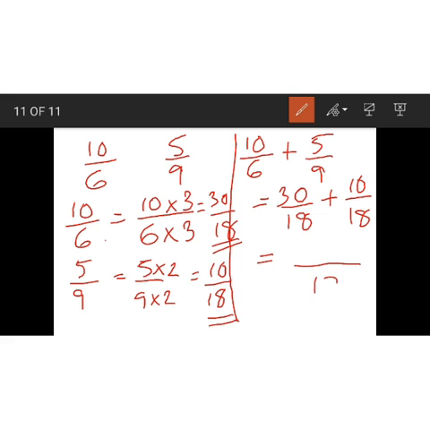Keep the denominator there itself. Now add the numerators, 30 plus 10, so that it will be 40 by 18. So we got our answer as 40 by 18. This is how we do the addition of fractions with different denominators. It is the same when we are doing subtraction also.